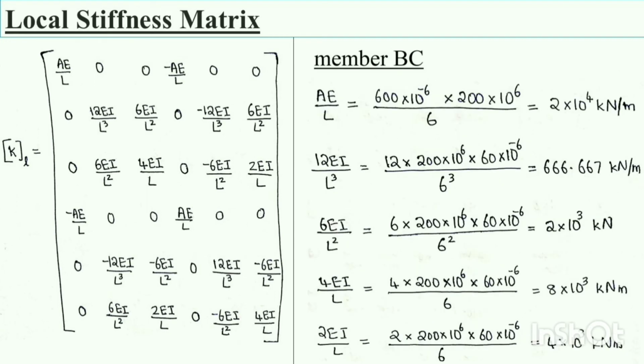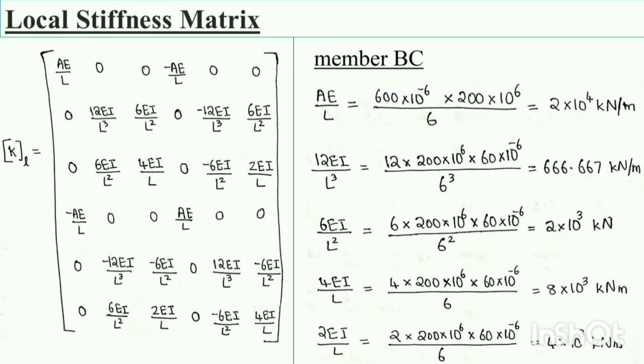Okay, now for member BC, whose length is 6 meter, the term AE by L is equal to 2 into 10 raised to 4 kilonewton per meter, 12EI by L cube is equal to 666.667 kilonewton per meter, 6EI by L square is equal to 2 into 10 raised to 3 kilonewton, 4EI by L is equal to 8 into 10 raised to 3 kilonewton meter, and 2EI by L is equal to 4 into 10 raised to 3 kilonewton meter.